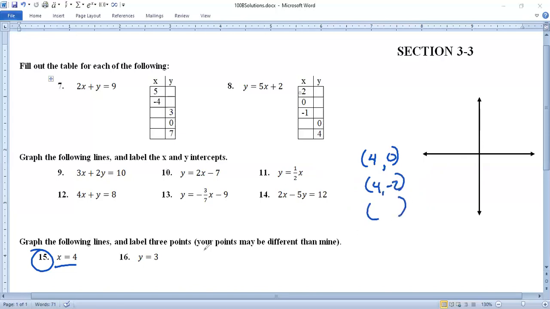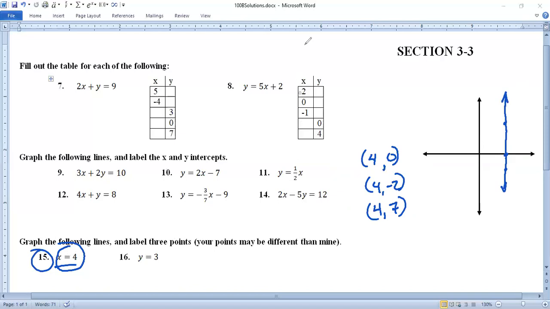Because that's the only requirement of all the points on this line, is that the x is 4. 4, 7, 4, -2, 4, 0. And so you'll see 4, 0 is right here. We'll go out to where x is 4, and then 4, -2, 4, 7. And you see that the x, where you're out there at 4, has to remain constant. So this is a vertical line, x equals 4.